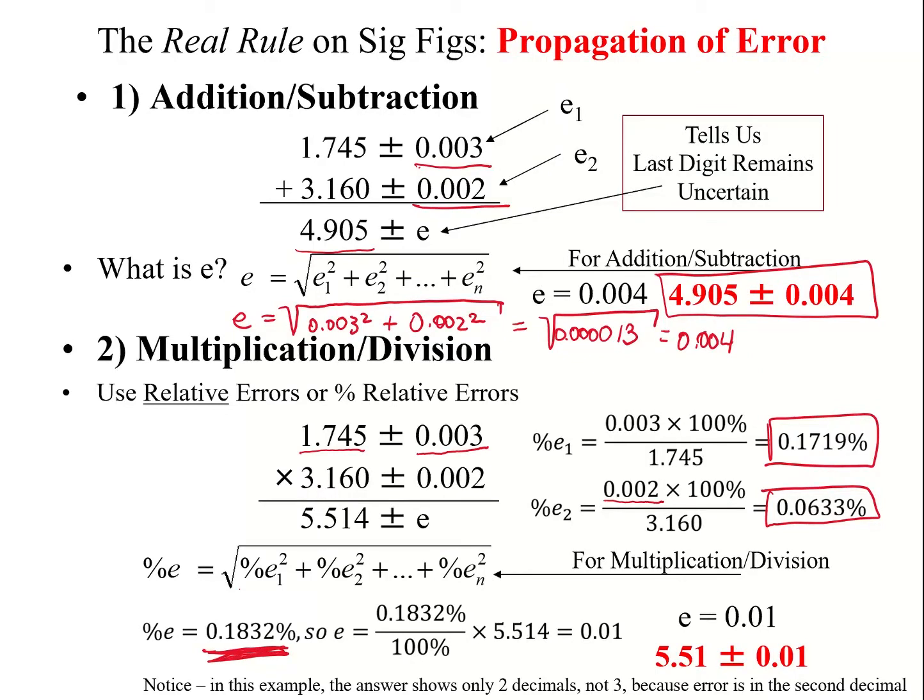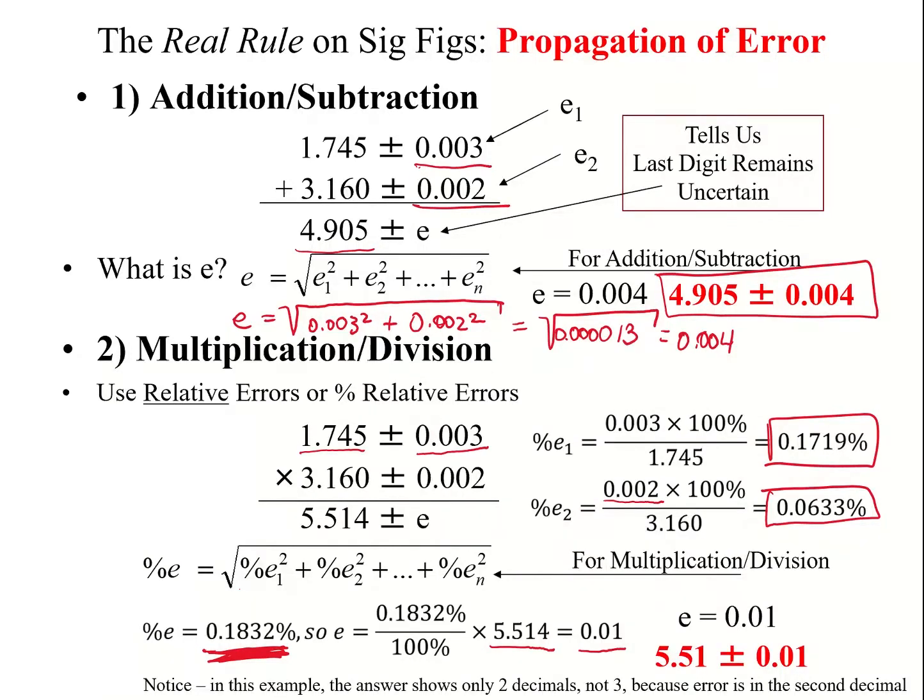So we take this relative uncertainty multiplied by the answer we calculated, 5.514, and then divide by 100%. This gives us an absolute uncertainty of 0.01. So our answer is 5.51 plus minus 0.01.